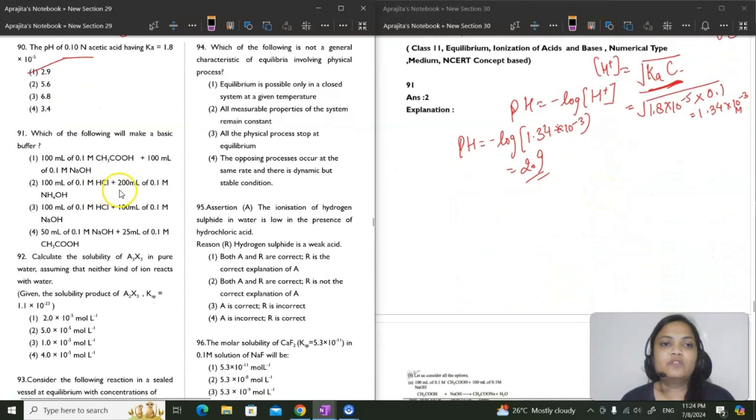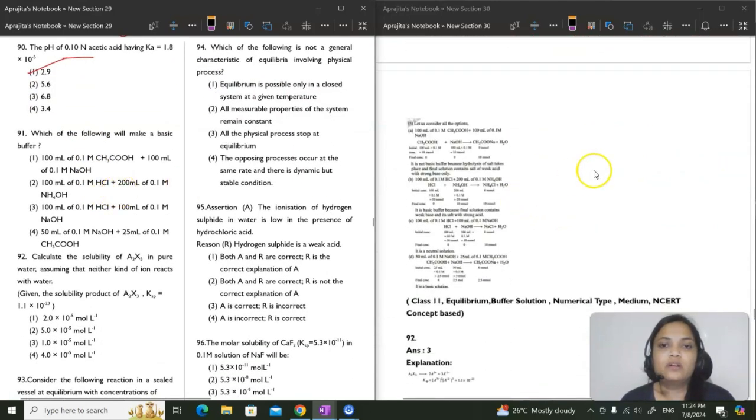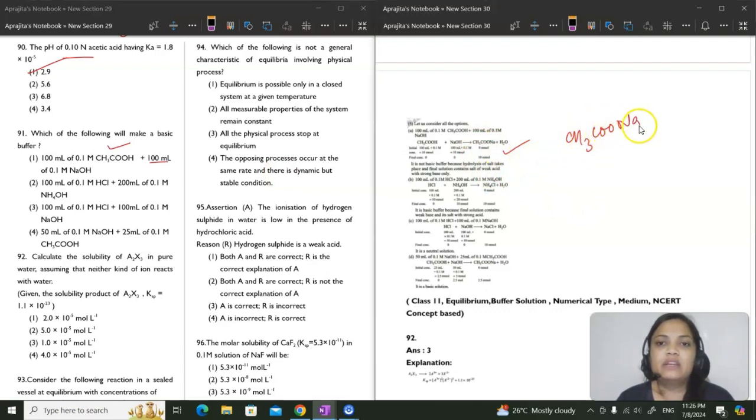Question number 91. Which one of the following will make a basic buffer? Okay, so in this question, students, we have to find out the concentrations. In the first case, we have 100 ml of 0.1 molar acetic acid and 100 ml of 0.1 molar NaOH. So it's not a basic buffer, because here we will be getting the salt sodium acetate, and hydrolysis of the salt takes place, and the final solution will have only the salt of a weak acid with a strong base.